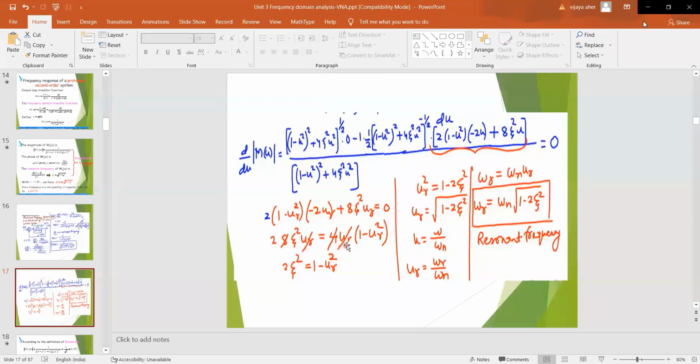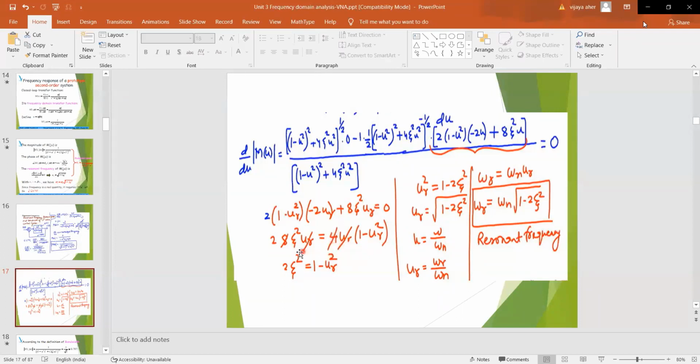So this term u r gets cancelled. I have taken this negative term on this side. So I will get 8 zeta square u r is equal to 4 u r into 1 minus u r square, bracket complete.